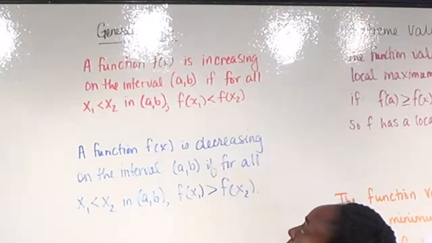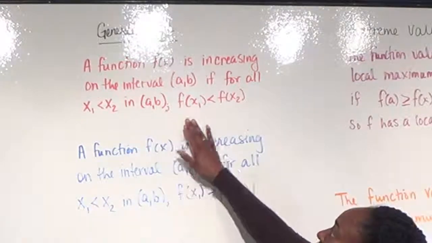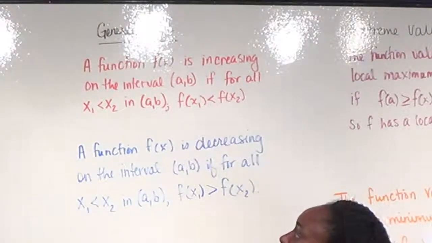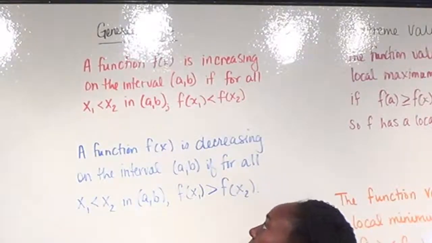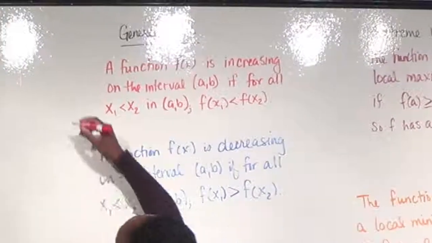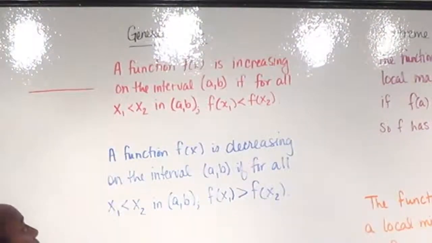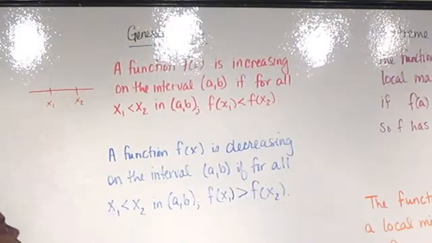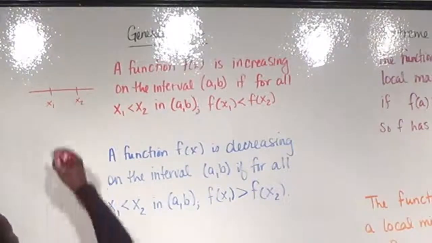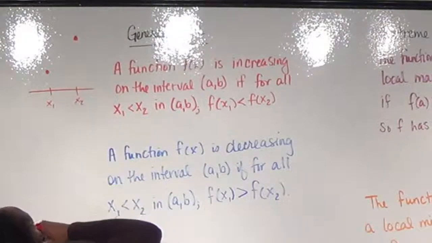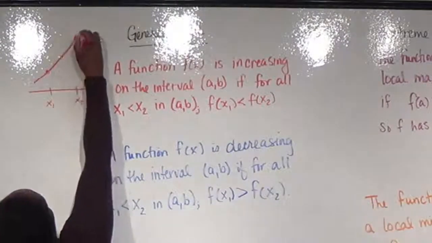Okay. So for general slope, a function f of x is increasing on the interval from a to b if for all x1 less than x2 in the interval, f of x1 is less than f of x2. Here that just means if I'm looking on my x-axis and I have 2 points, x1 and x2, where x1 is to the left of x2, if the value of the function is less there than it is there, then the function is said to be increasing.